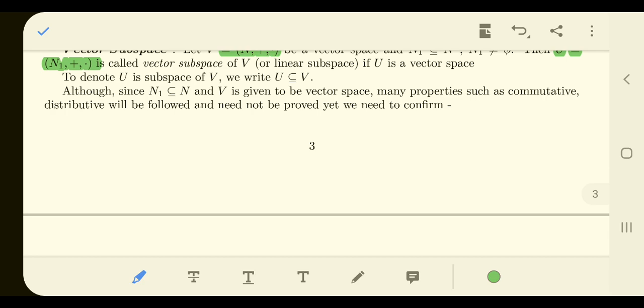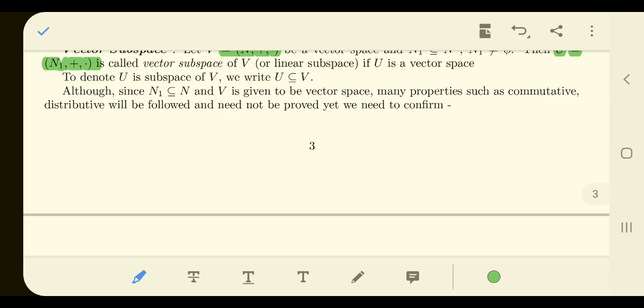Similarly, the vector addition should also be closed. If you take any two vectors and you add them up, then the addition of these two vectors should remain in N1. To be precise, it's N1. So that's the crux of identifying whether a particular thing is a subspace or not.